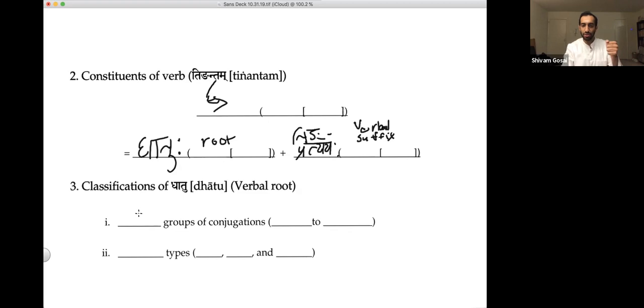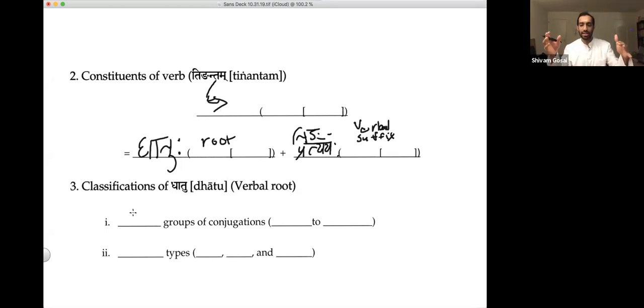The dhatu, the root itself, can be systematically classified to understand it better. Panini Muni is one of the sages who created the system of grammar which we are studying.